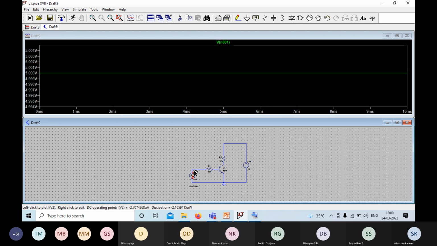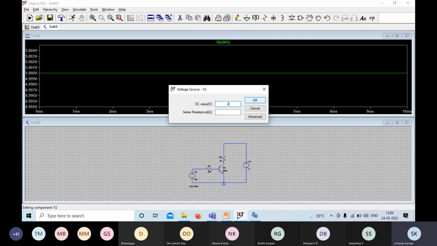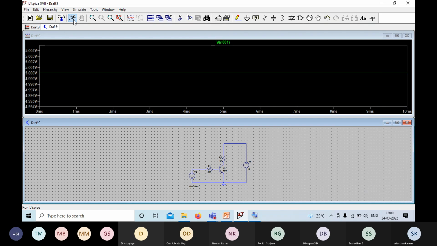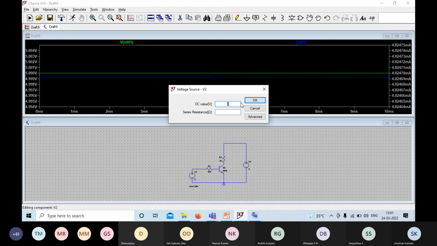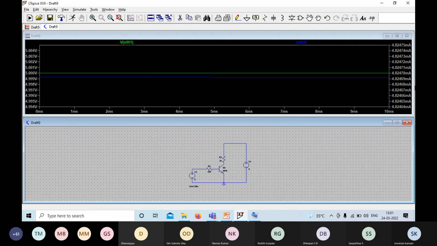Okay, put the resistance value. Okay, 2 volt. Let's see, 2 volt. Showing 4.9. 5 volt.